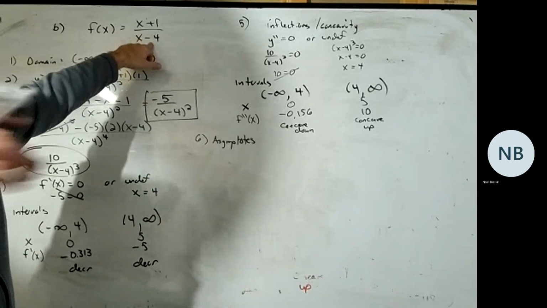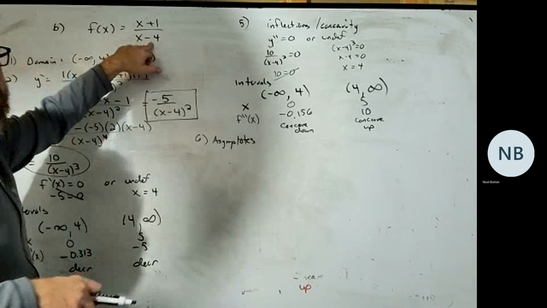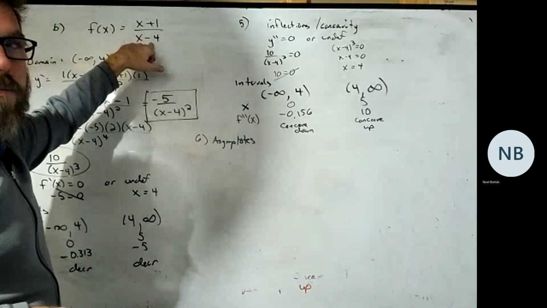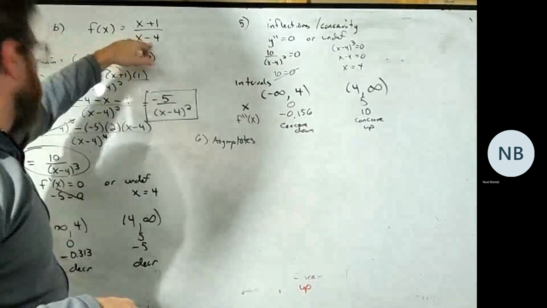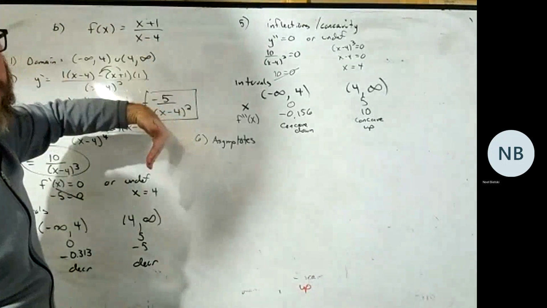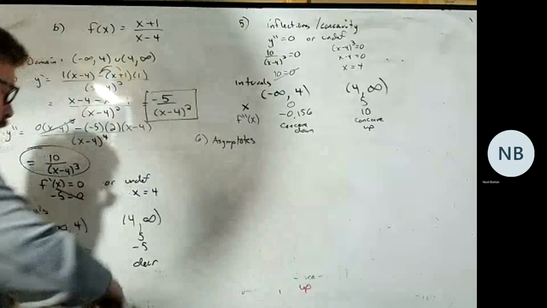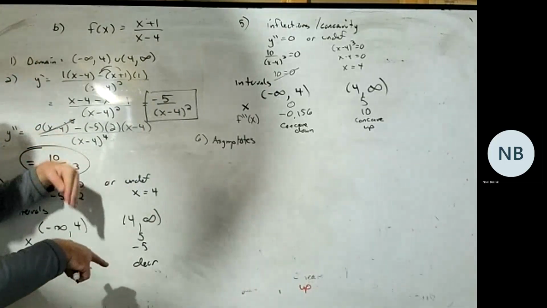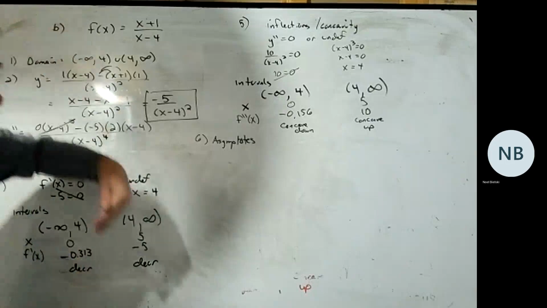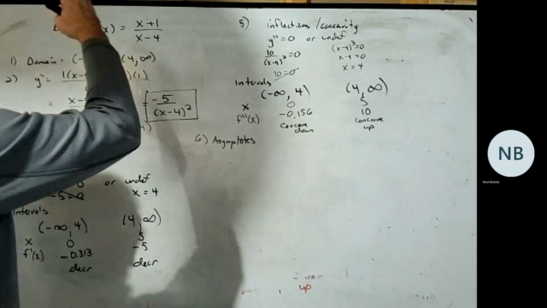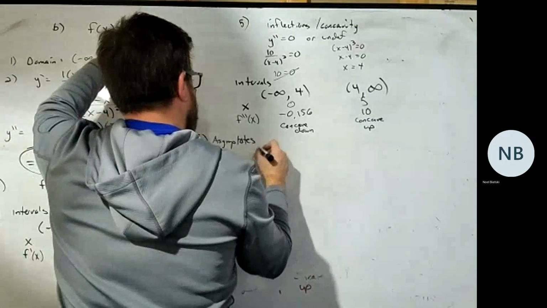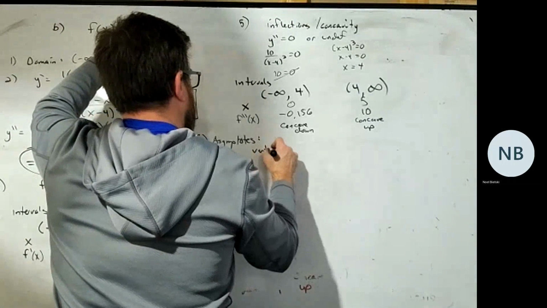Now, in the very first section, we could take the limit of this thing. And what you'll notice is it'll shoot to negative infinity from the left and positive infinity from the right, which will prove that it's an asymptote. But it's good enough to say that we have a vertical asymptote.